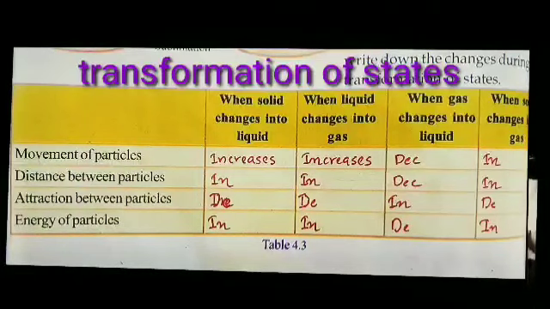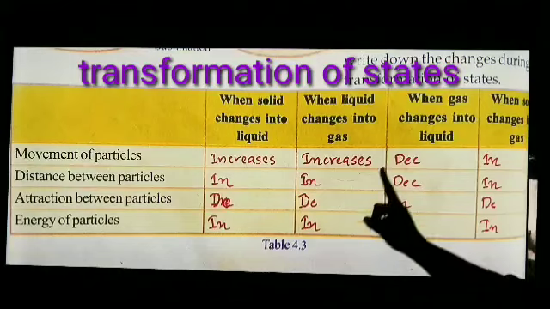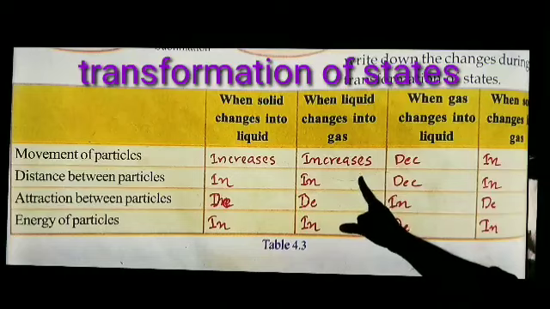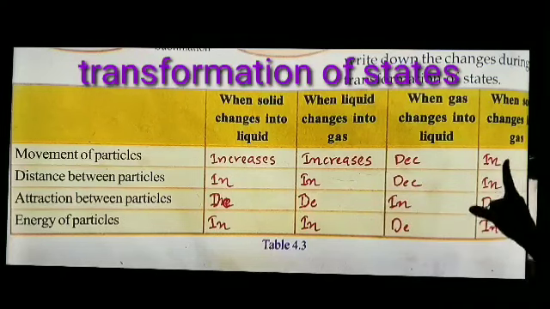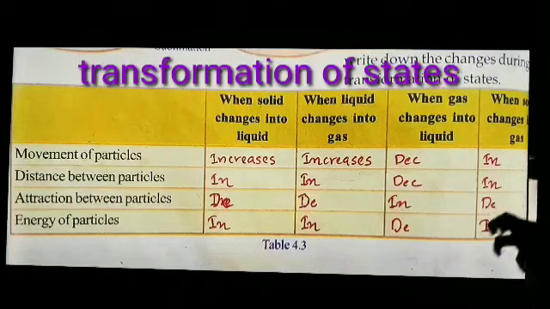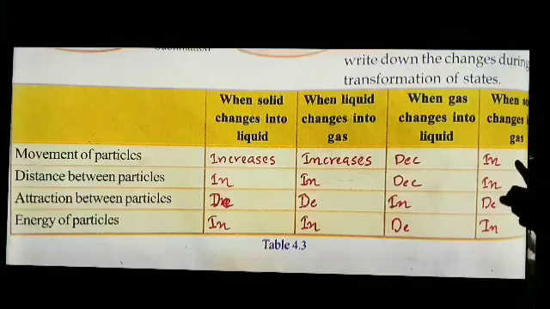Here, when solid changes to liquid, liquid changes to gas, when gas changes to liquid, when solid changes to gas, the movement of particles increases where appropriate, and decreases for gas to liquid. Solid changes to gas, you know the space between the molecules increases, so the freedom of movement of the particles increases. Second, the distance between the particles increases.